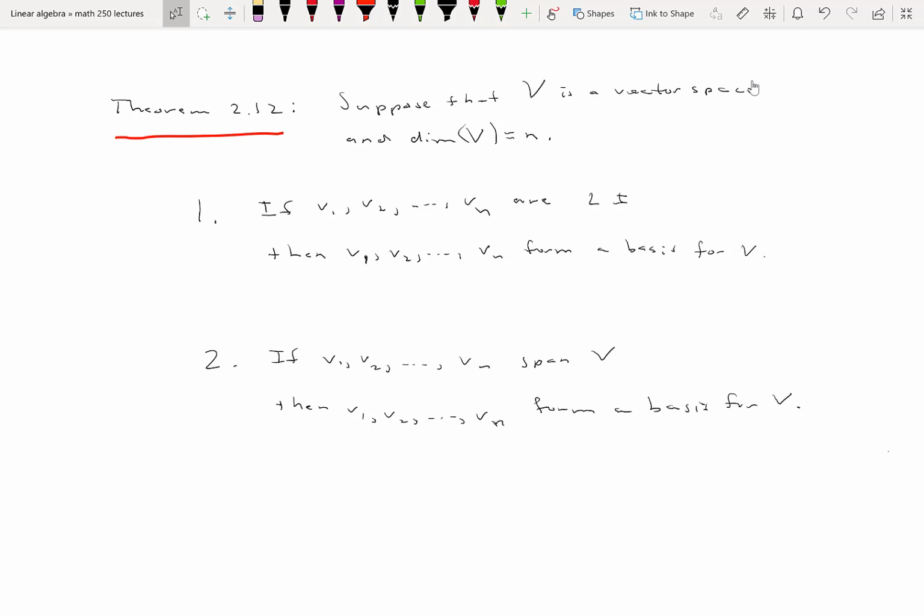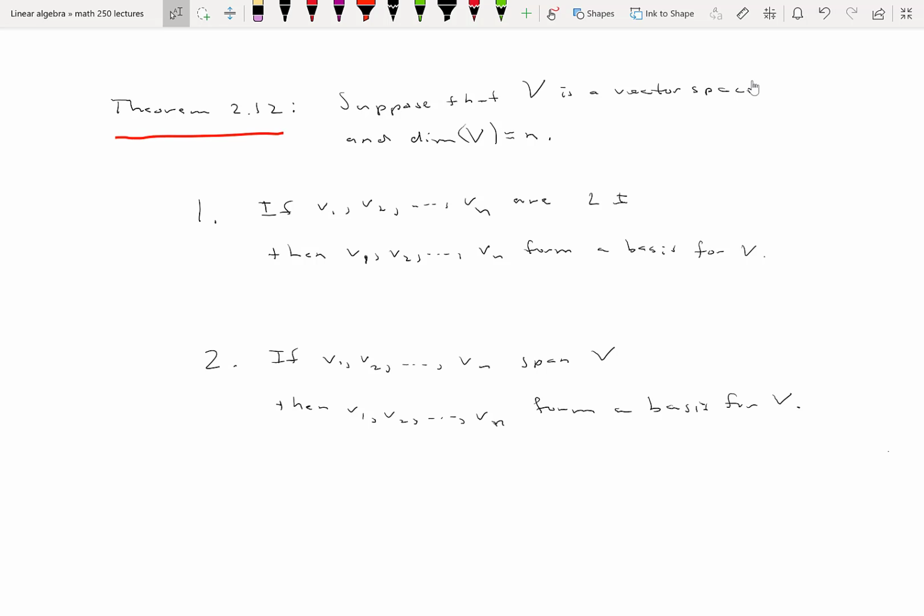So let's suppose we have an n-dimensional vector space V. Then, 1, if v1 to vn are linearly independent, then those same vectors form a basis. What's missing from that? The spanning. We don't have to show spanning. If we know the dimension of the vector space is n, and we have n linearly independent vectors, then those n linearly independent vectors automatically form a basis. That's really amazing.